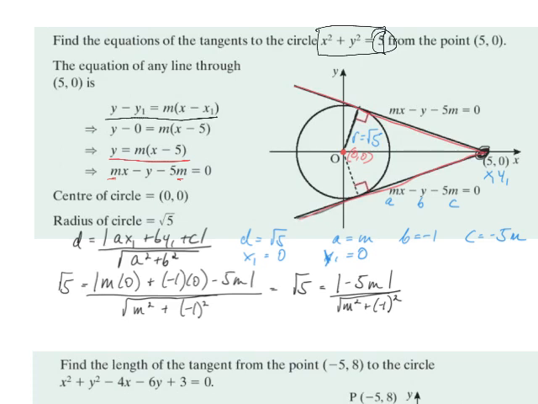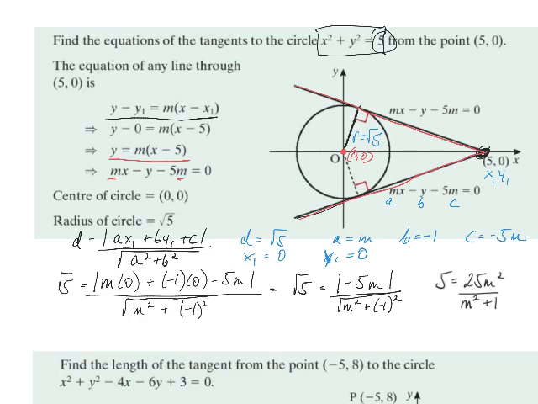So if I square the left, I end up with 5. If I square the right, I end up with 25m squared over m squared plus 1. And this helped me get rid of the root on the bottom as well.